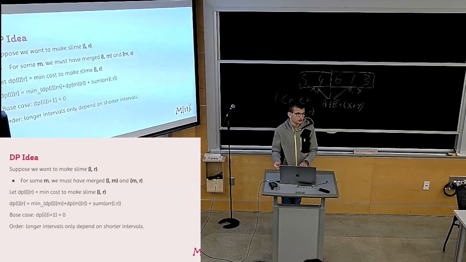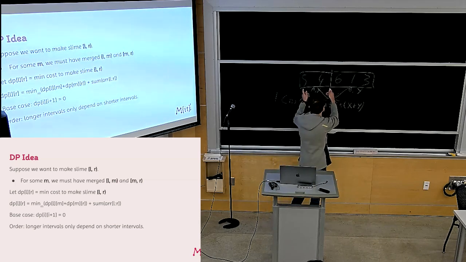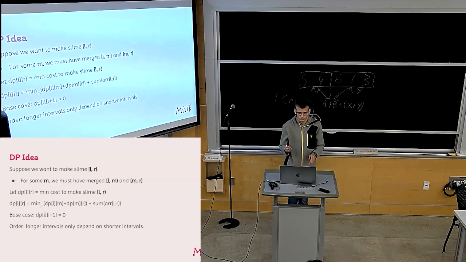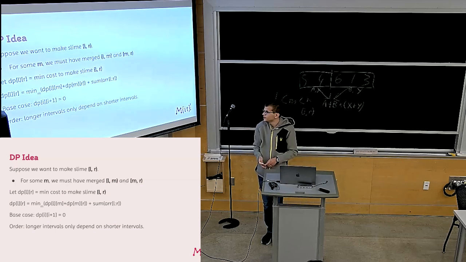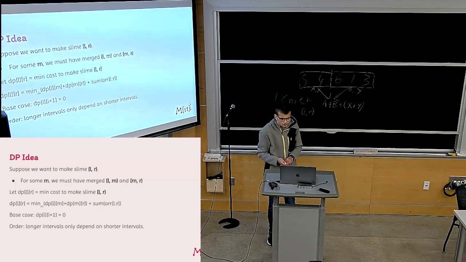So the way we will do that is we will start with the shortest intervals and then go to the longer intervals, because each interval will only depend on shorter intervals than it. So first we will do all the intervals of length 1, which I call the base case, and all the intervals of length 2, and then length 3, and so on.